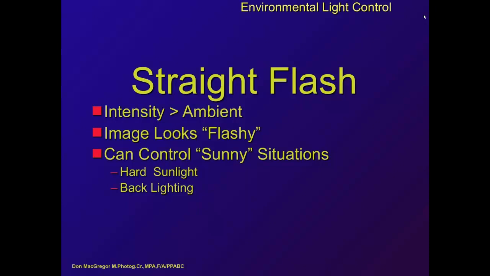Remember, light is accumulative. So when you add a flash gun to a scene, you are accumulating the total light, and those meters will tell you that your flash is contributing 10%, 50%, 80% of the total net exposure. And I'll explain more about that in the next few slides.